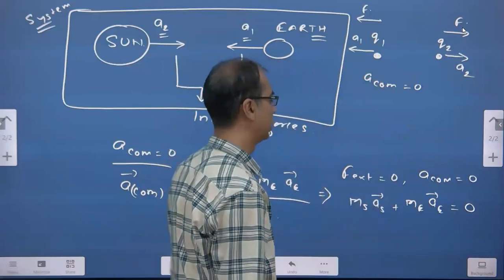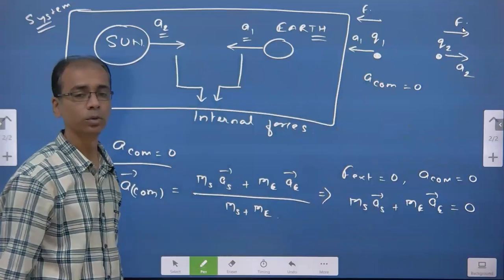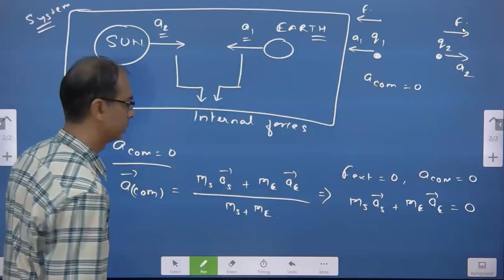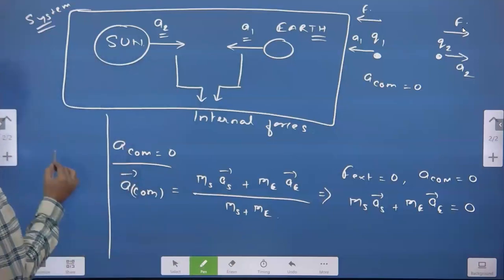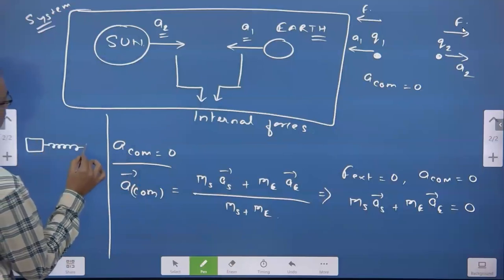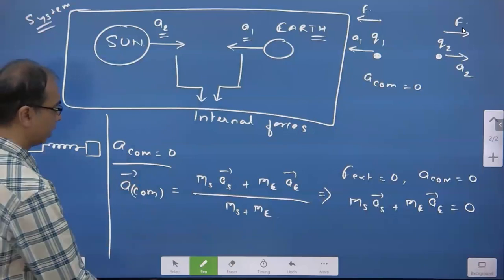One more example I'll take, more relevant to what we have studied so far: a spring. Spring is there. This is one mass and this is the other mass, M1 and M2.